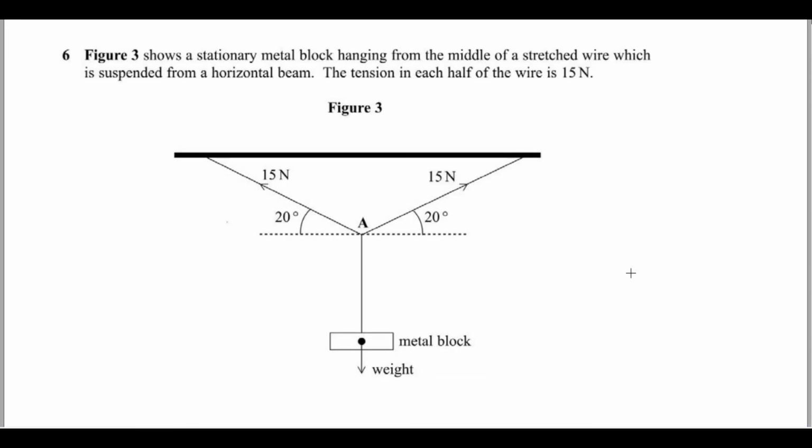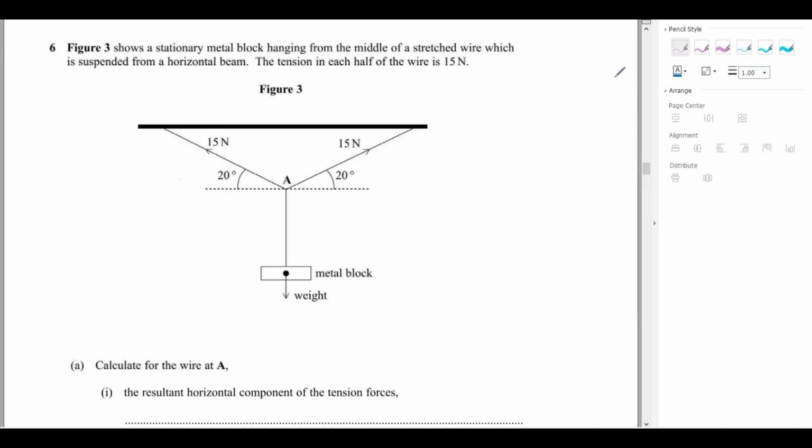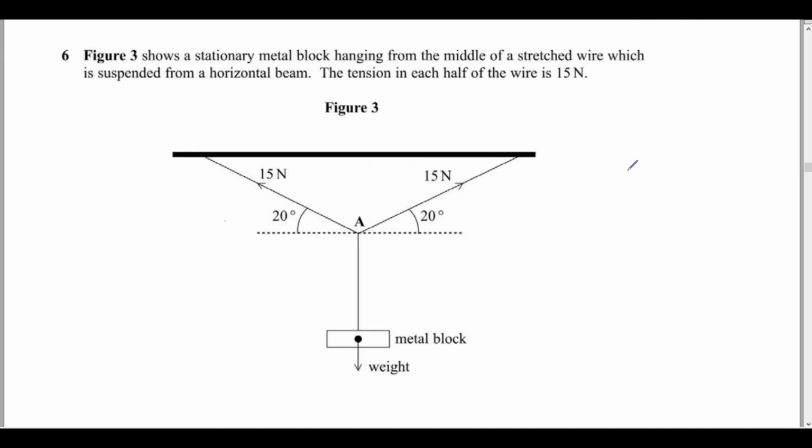Now, if you understood what I said, then this is a question for you. You have to find the weight of this metal block, which is suspended and is in equilibrium. You see, a stationary metal block, it is in equilibrium. It is suspended at this particular point freely.